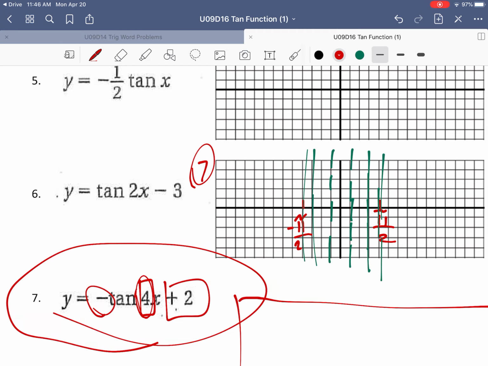we know the frequency, so we can find the period. So the period is going to be pi over 4. So every pi over 4 radians, or every 22.5 degrees, it will complete an entire cycle. So we're going to complete a graph starting at positive infinity, going through 0 down to negative infinity.